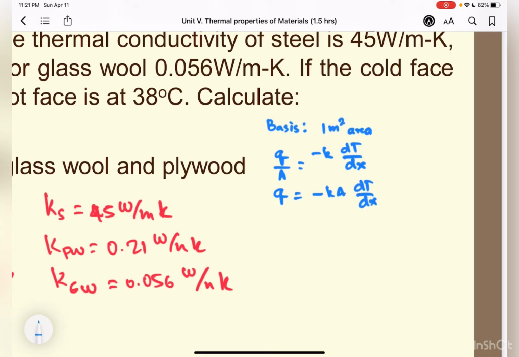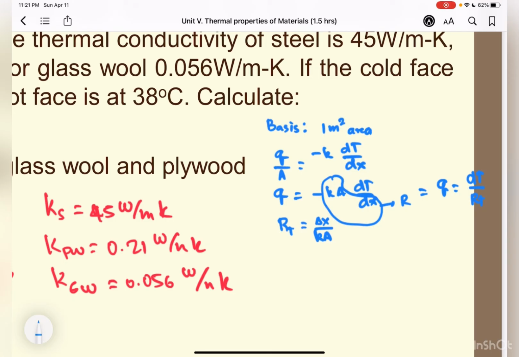We define resistance to be dx over KA, or if I am to take a look at this and define this as your resistance, it would be equivalent to delta x over KA, or Q therefore is dt over R. Okay, the change in temperature over your resistance.